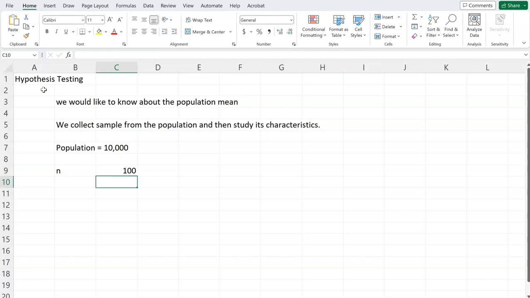Before we start, one thing we do in economics and other fields and in statistics is that we first come up with a question before we start our experiment or before we start collecting our sample.